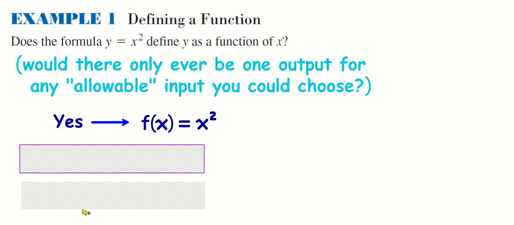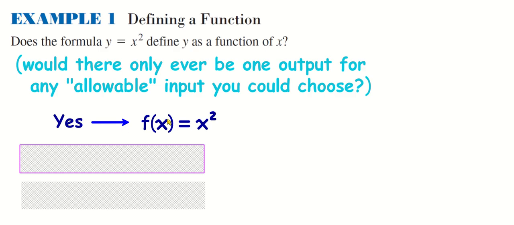But the original question, is this a function? And it's yes. So since this is a function, think about it. No matter what you plug in for x, whether it's 2 or -2 or 5 or -7 or whatever you're plugging in for x, it's only ever going to spit out one possible output.